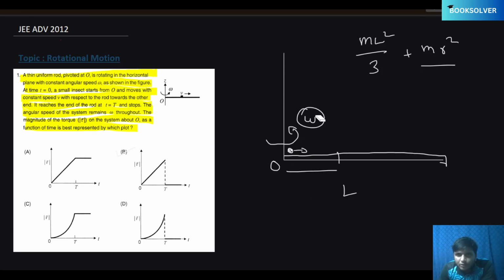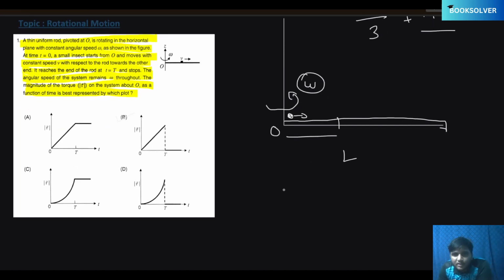Okay, so let me write the definition of torque here. What is torque? So torque is the rate of change of angular momentum. I will give you the analogy of force here. Since we know what force is, you must have seen the definition m dv by dt. But there is also a term which has been neglected so many times, that is v dm by dt.